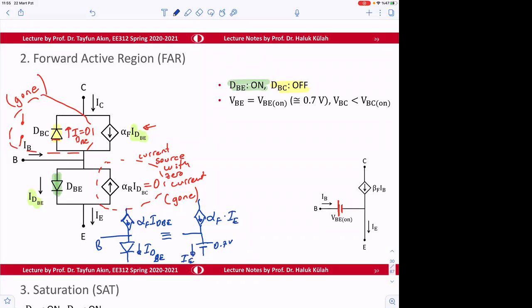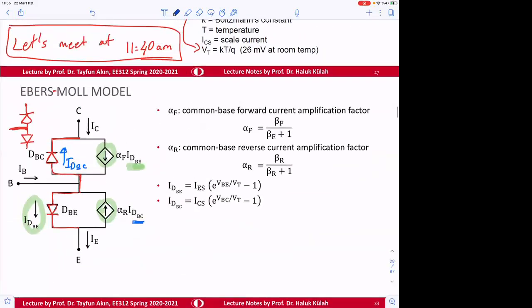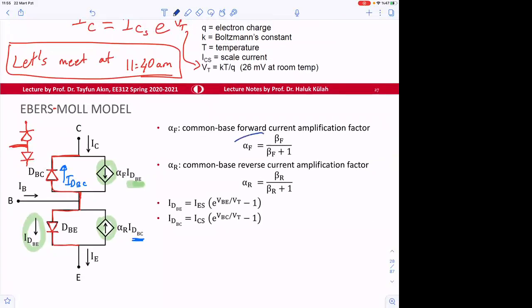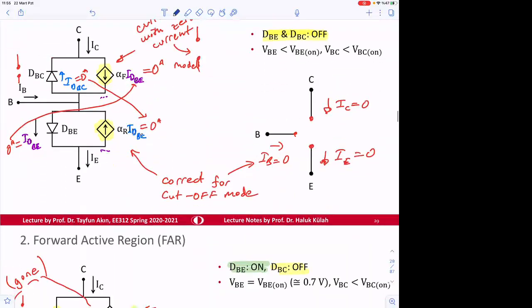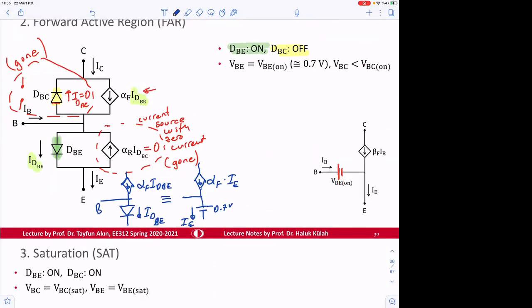If you play with the numbers, what is alpha F? At the same time, this is equal to beta F times IB, which will also be equal to IC. So beta F times IB can be used for that current source.